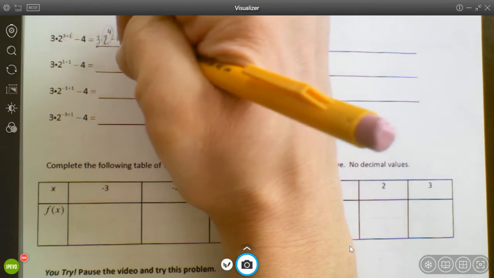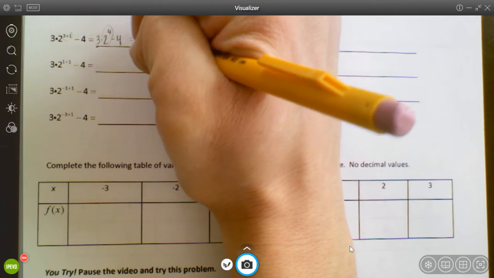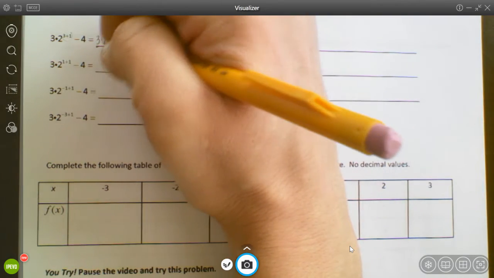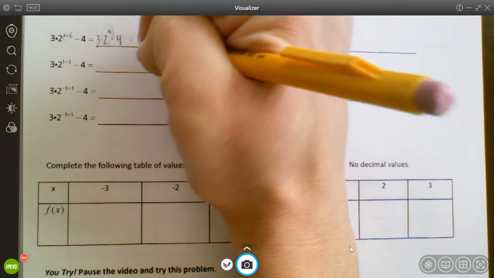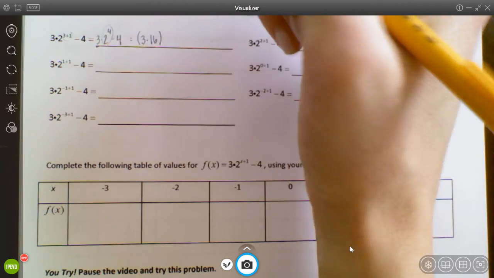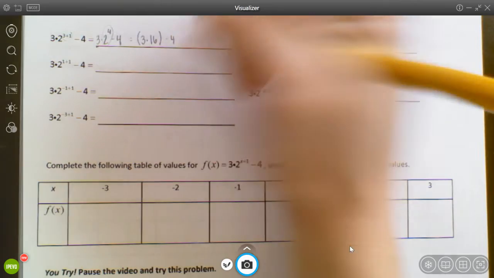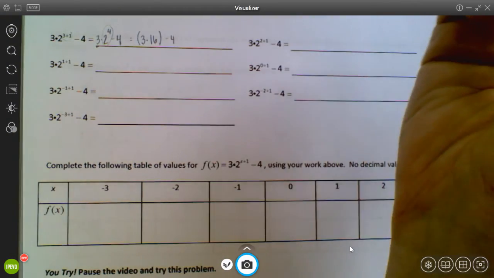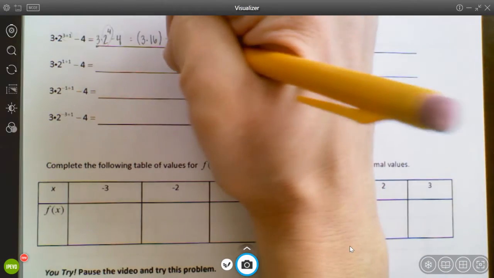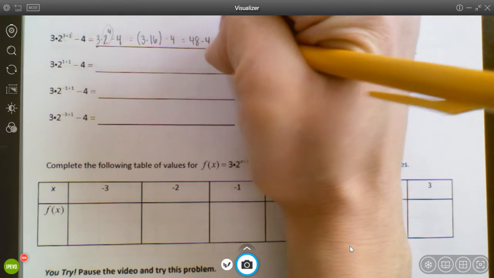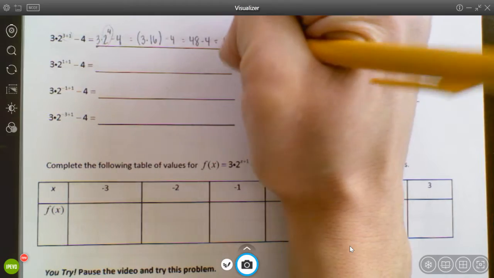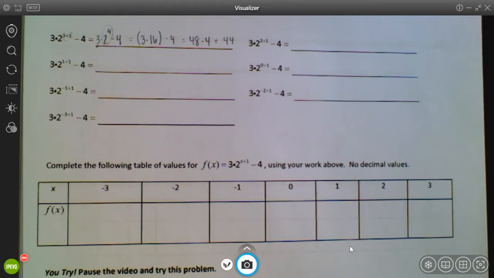So I'm going to rewrite this as, in parentheses, 3 times 2 to the 4th is 16. I'm going to close my parentheses right here to remind myself that I need to do this multiplication first. And then I'm going to go ahead and subtract 4 from that. So 3 times 16 gives me 48. And then I'm going to go ahead and subtract the 4 from that. So 48 minus 4 should give me a 44.